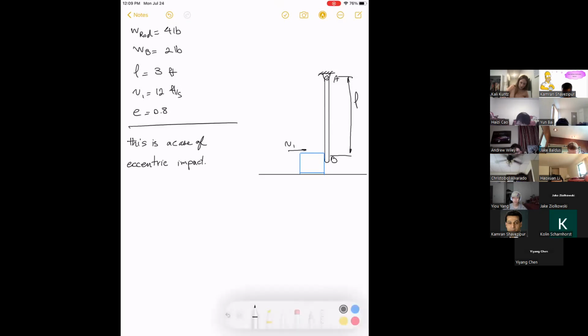If that's the case, the hinge point is point A. So I'm going to write conservation of angular momentum about A.